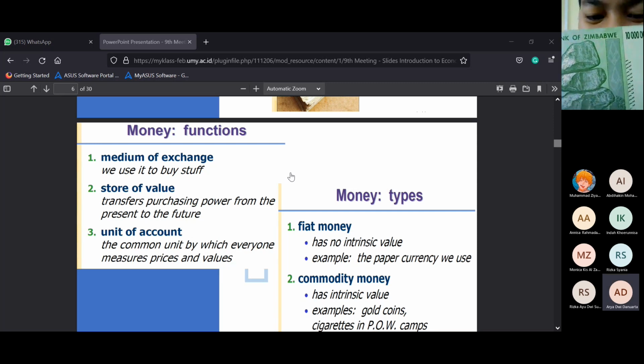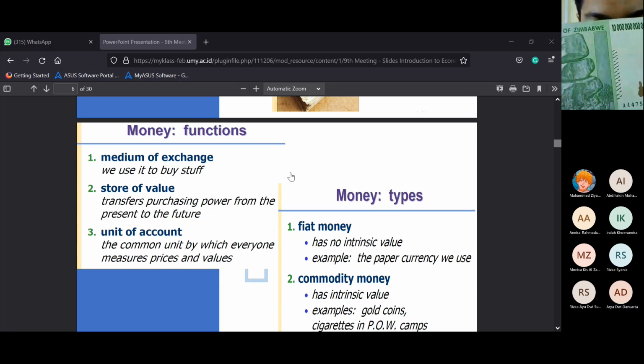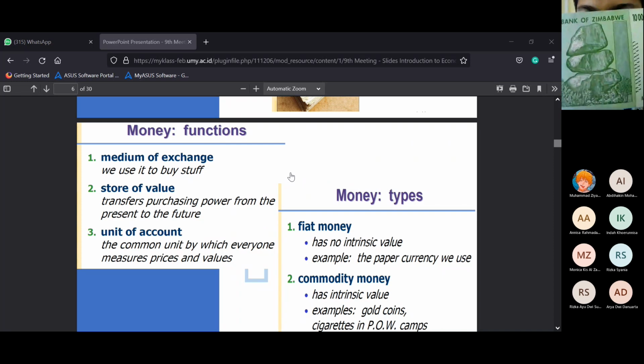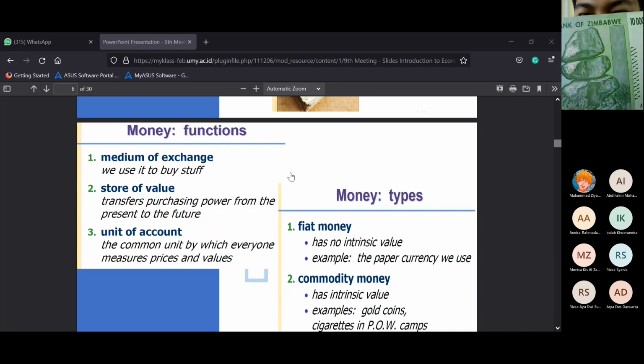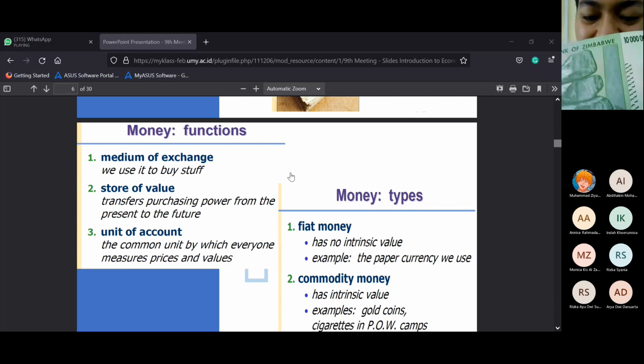Yeah, how many zeros? 13, sir. Yes, 13. You are shocked when you see this money. So this money is $10 trillion.